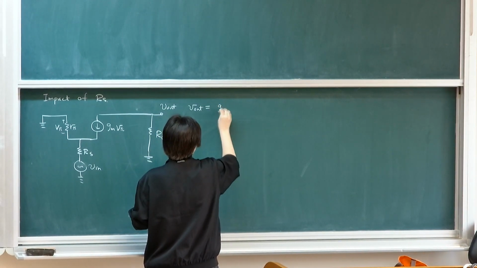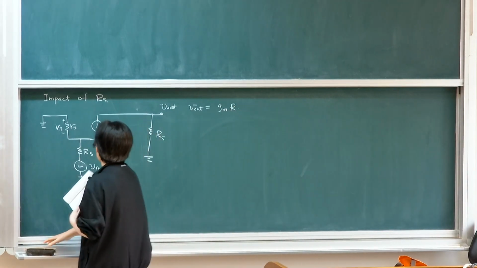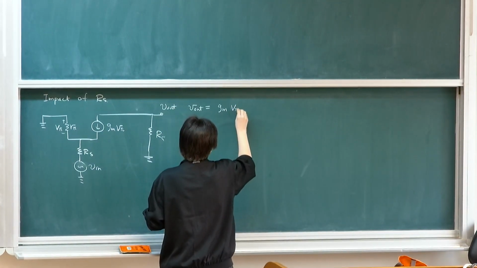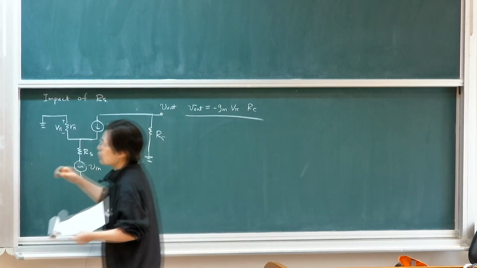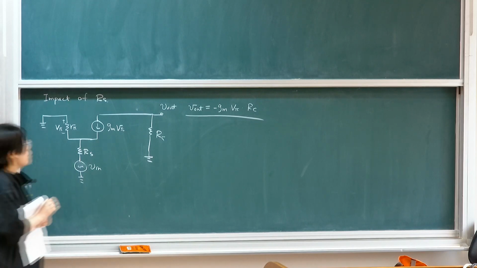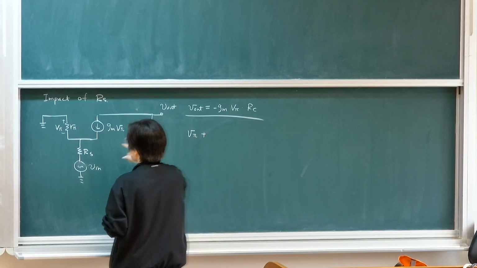So gm V pi RC. This equation still holds. It's the same equation. The only difference is that you need to account for this voltage drop across RS when we figure out the relationship between V pi and Vn. So we're going to do the same equation: V pi plus the current coming down.